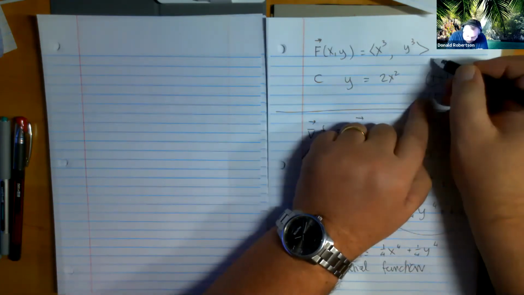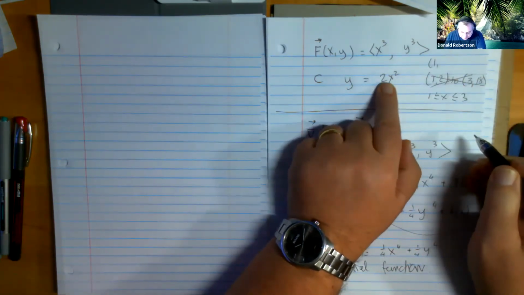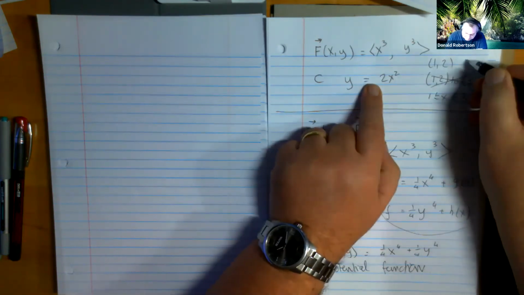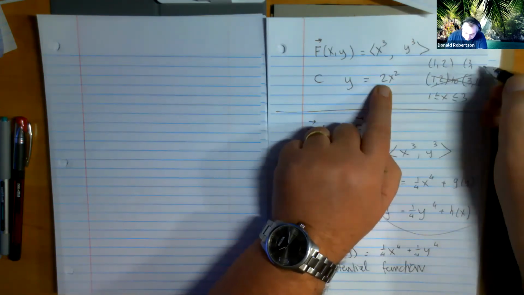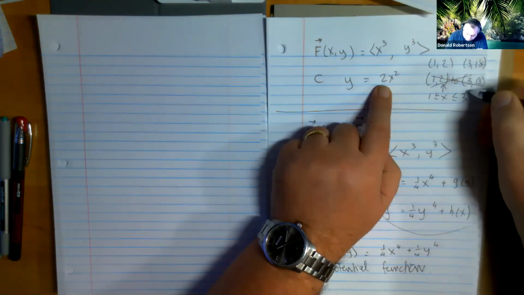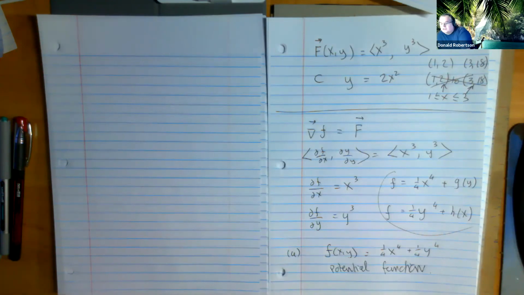Right, you plug 1 in for x, and then you would get the y value, 2. And then you plug 3 in for x, and then you'd get that guy. So can you see how this information can be translated into the coordinates of the start and the coordinates of the finish?